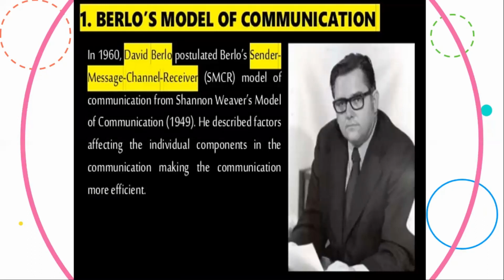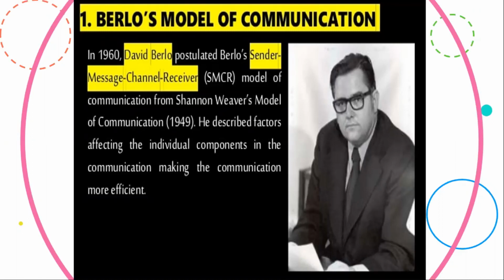Berlo's model operates on the SMCR model. S stands for source or sender, M stands for message, C stands for channel, and R stands for receiver.